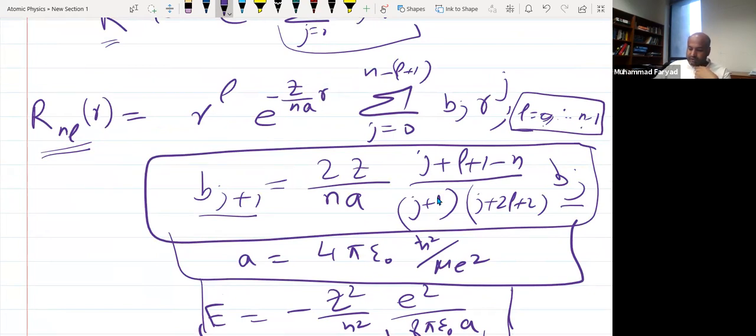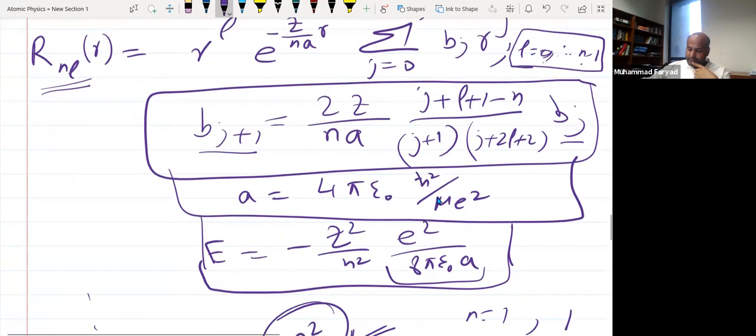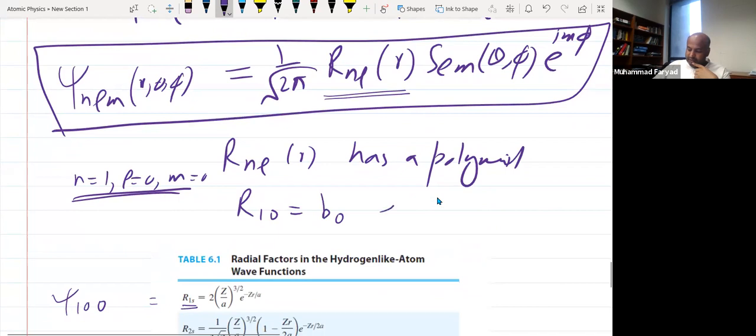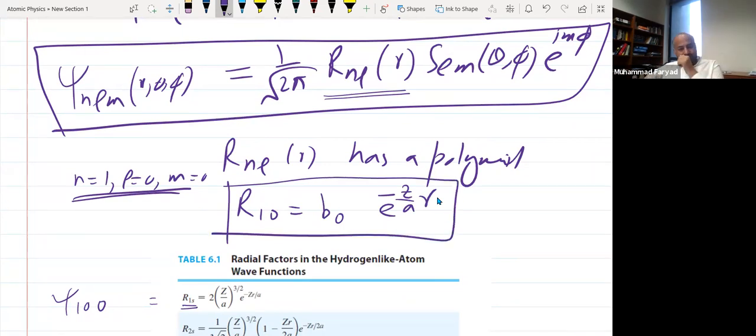So I have b_0 exponential of minus Z over a times r. This is the radial part of the wave function.